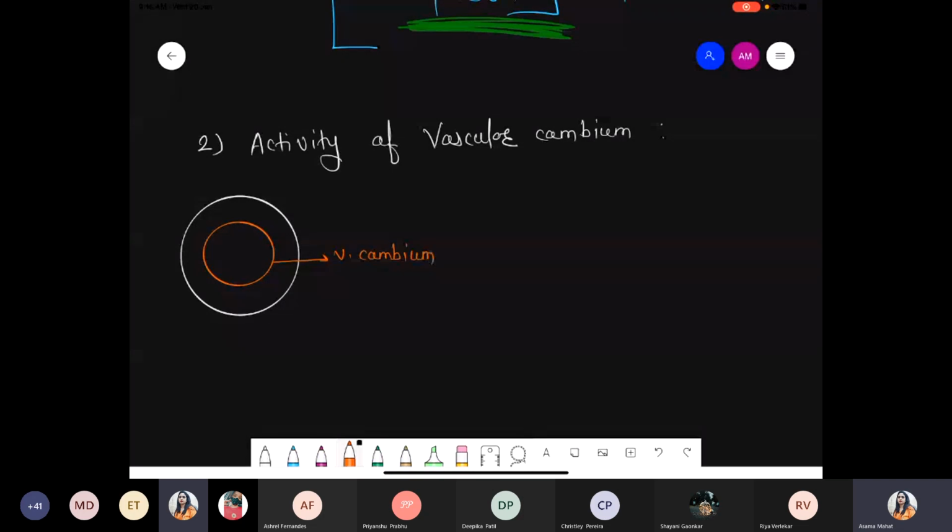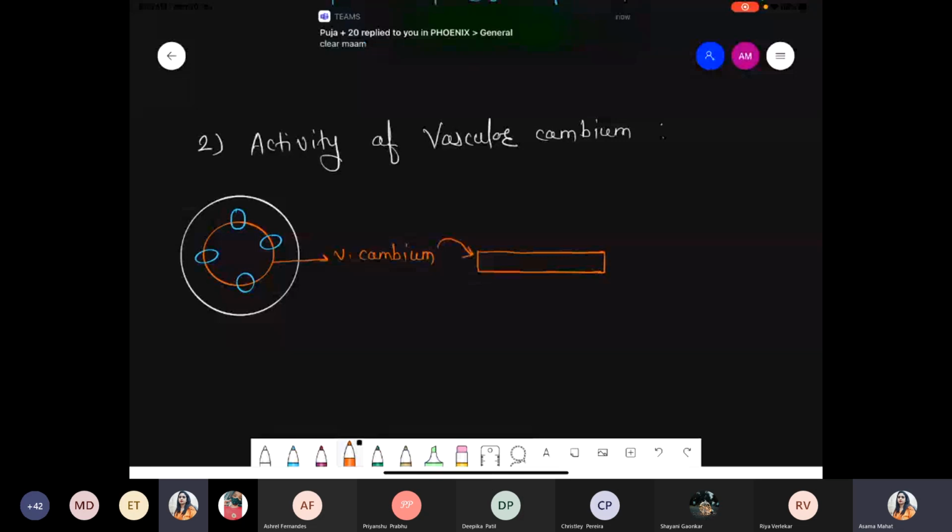Now there is the presence of xylem and phloem bundles. For simplicity, I draw only 4. Now see the activity. We took a small section. We are taking a very small section of the vascular cambium. We cut a small section of the vascular cambium like this. These are the vascular cambium, which is represented by orange color.